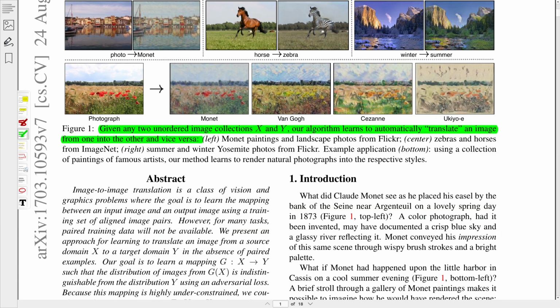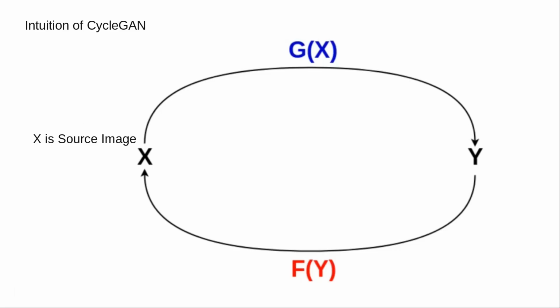Now quickly see why CycleGAN is called cycle and why it has two generators and two discriminators. So this is the intuition of CycleGAN, and obviously we can see a cycle here.